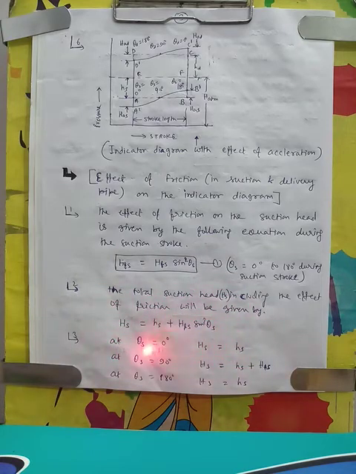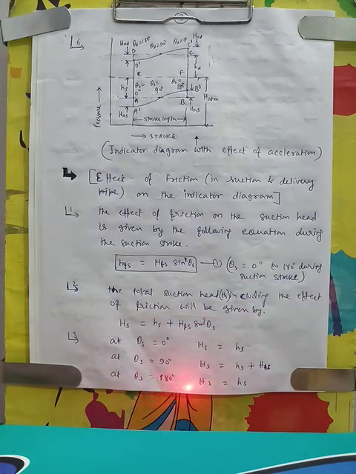So at 0 degree, the total head in the cylinder will be HS, because sin 0 will be 0. At 90 degree, sin square 90 degree means 1, so the head will be HS plus HFS. HFS is the maximum value of the head due to friction.